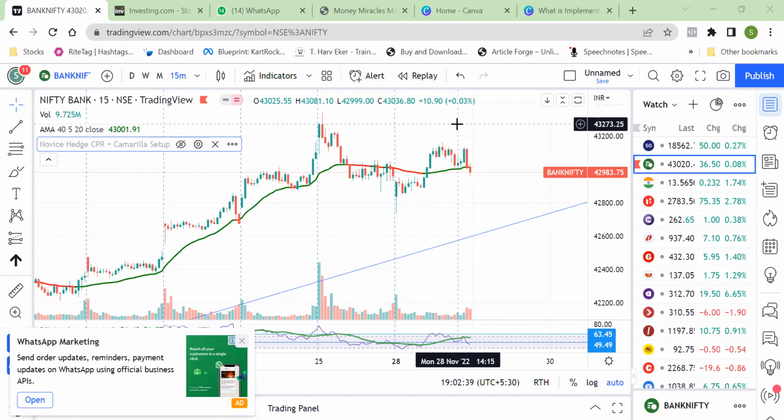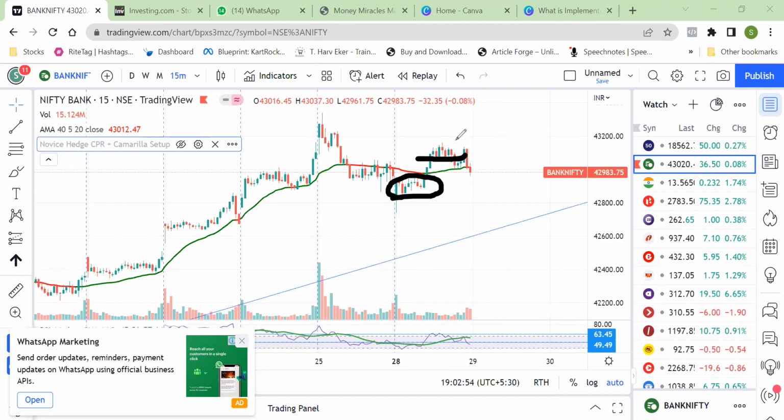And whenever you see that a top is formed, it has to be something like this. If you see here, continuously there is movement, and this is where you can find a top or a bottom. So here, ideally, I can consider the top as 43,134.